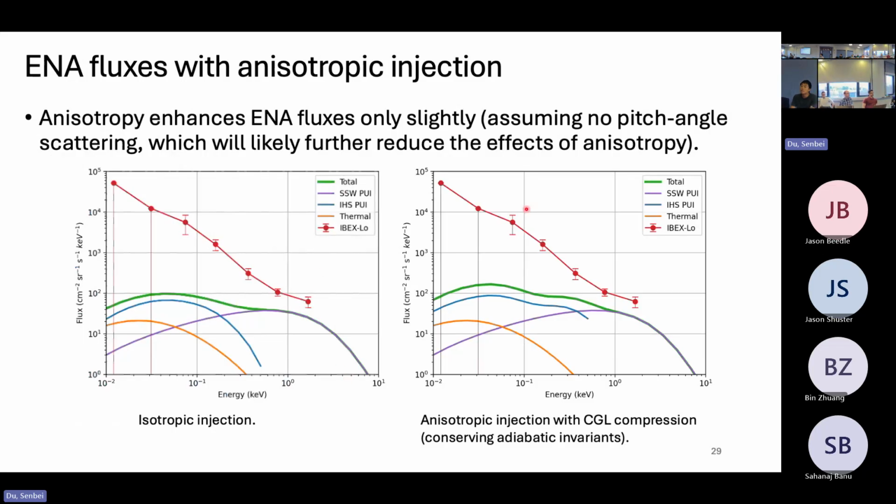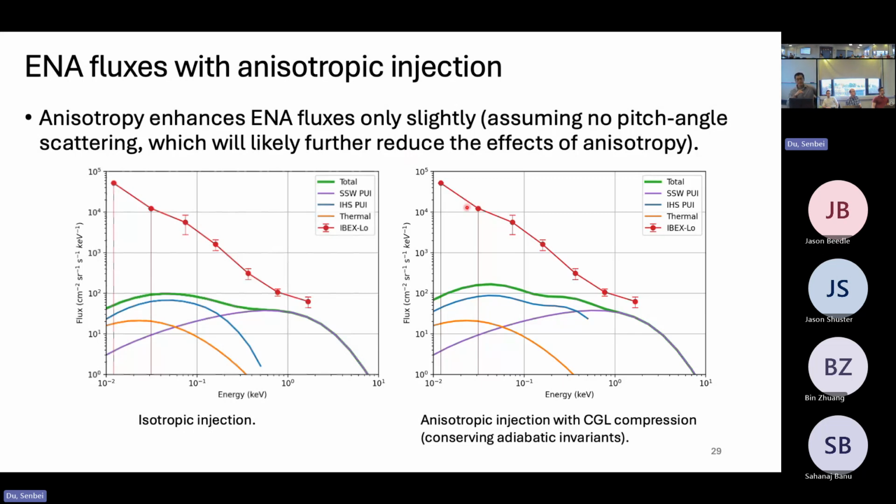Yeah, so the uncertainty on these data are higher at lower energies. Basically these lower two energies are not very reliable.